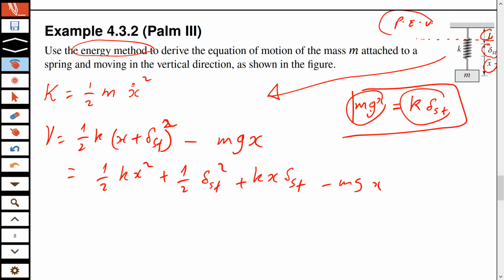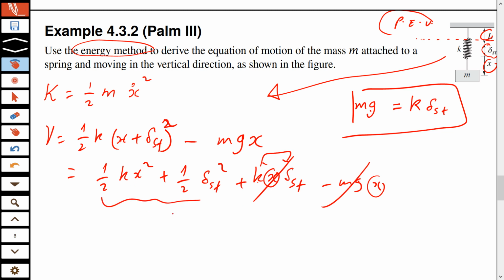I made this mistake with mg x in the previous class as well; mg x would be a moment, so you cannot equate a force to a moment. So because x is common in these two and mg is equal to k times delta st, these two terms cancel out and you are simply left with V equal to half k x squared plus half k delta st squared.